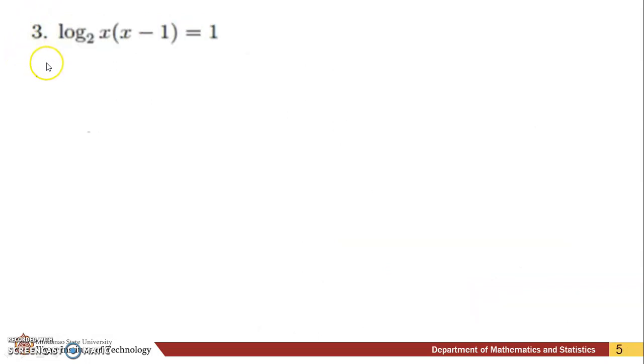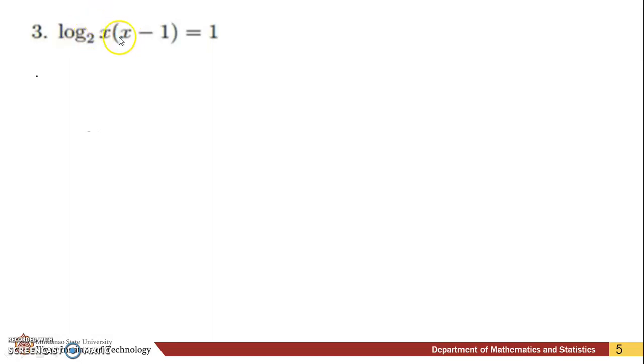As for the third example, notice that the base here is 2. And we have the logarithm of x times x minus 1 to the base 2 equals 1. If you remember, the definition of a logarithm of a number is the exponent to which the base is raised to get that number.